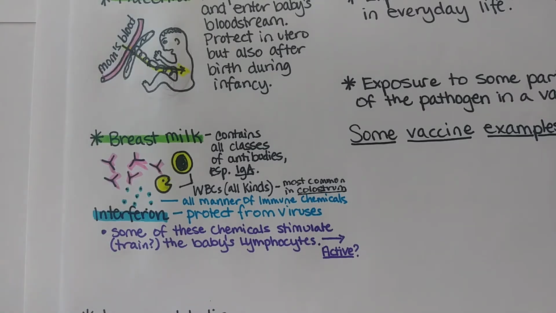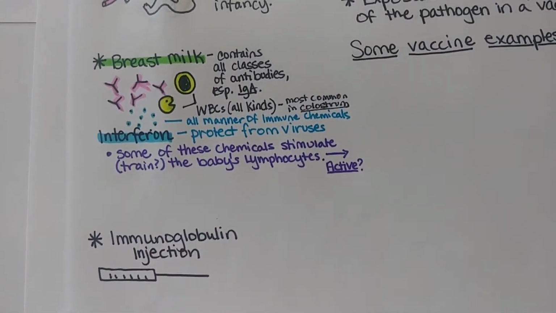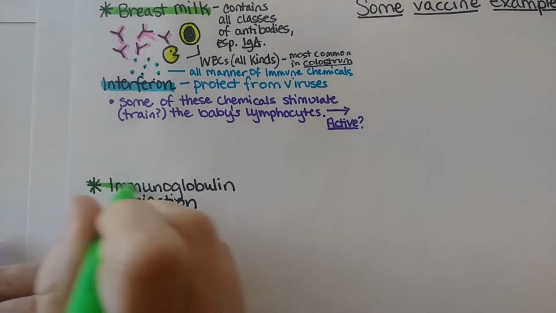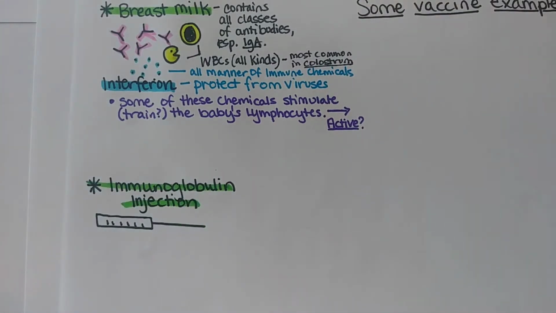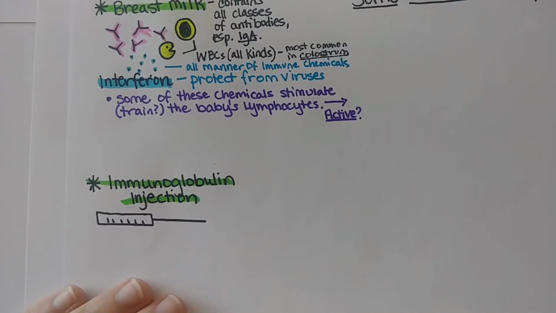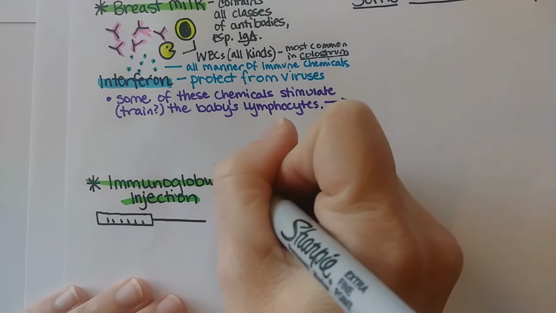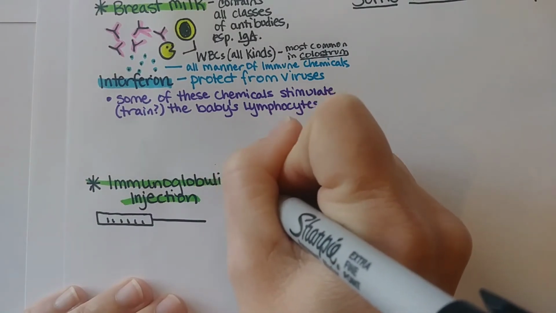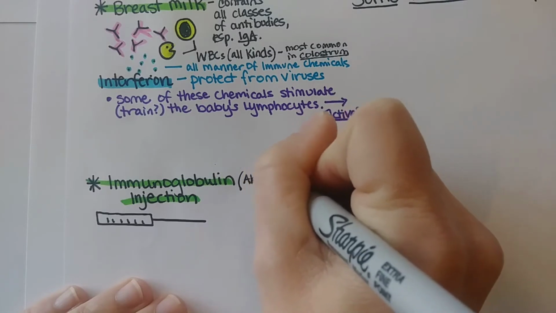Okay, then the third kind of passive immunity that I'll talk about on this page, you can highlight immunoglobulin injection in green. And this is if you are exposed to something that you don't have immunity to and could kill you pretty fast, like rabies. They will give you an immunoglobulin injection. And remember, immunoglobulin is just another word for antibody.